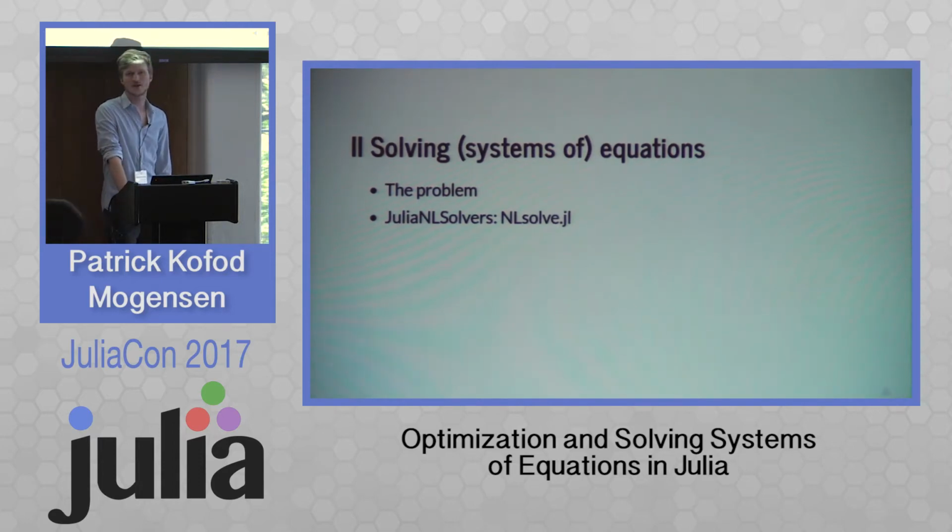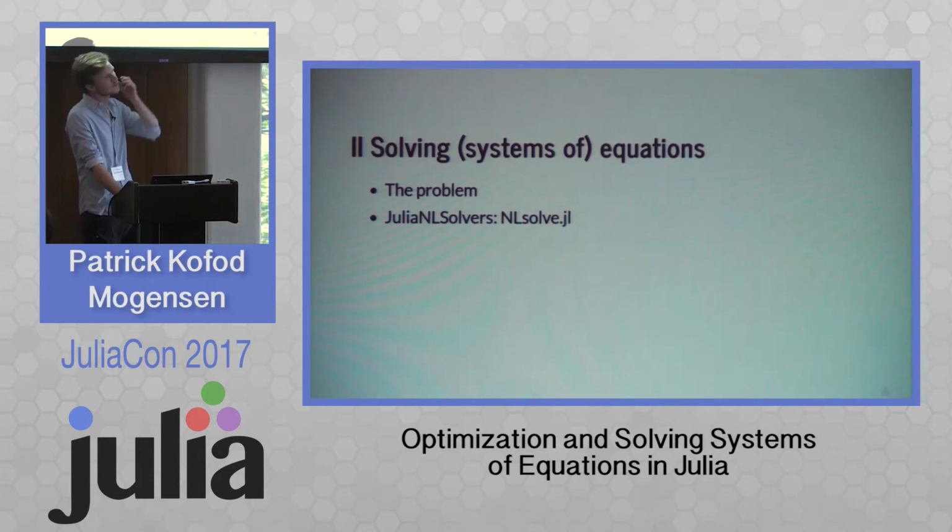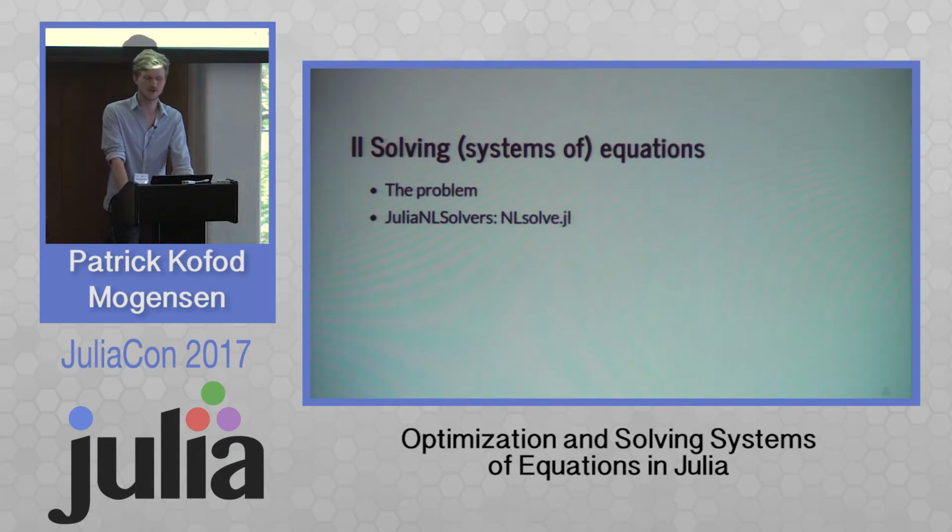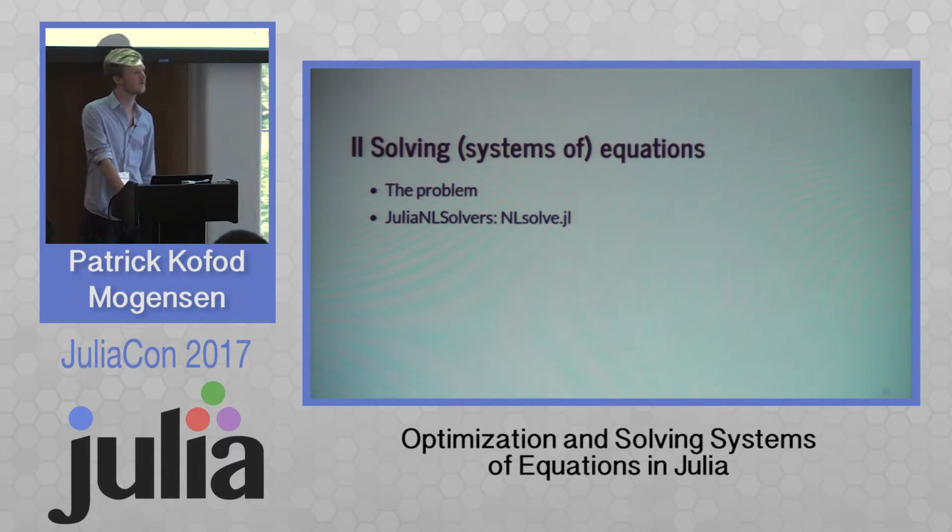And in that organization, as I said, we also have LSQ Fit and a line searches package. And then we were joined by NLsolve that used to be in the EconForge organization, but NLsolve shares a lot of functionality with Optim.jl, so it made sense to collect them in the same organization. And they were kind enough to move it to our organization from EconForge and also allow us to use the MIT license. So that was nice.